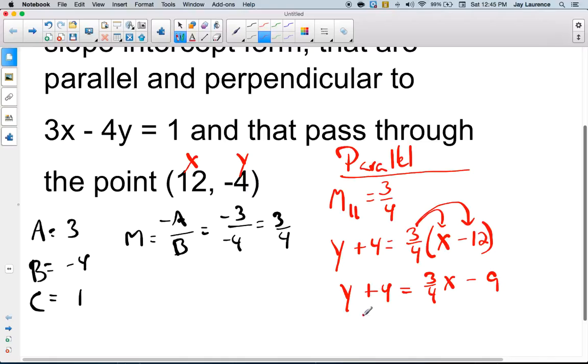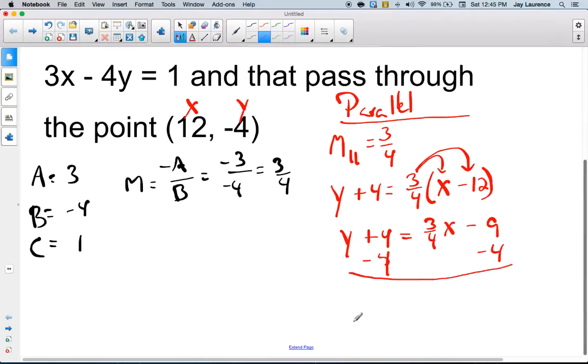All right, and I don't like this 4 here, so I'll subtract 4 from both sides. And when I do that, I will get y equal to 3/4 x minus 13. And there you go. This equation is parallel to the original equation, and it's written in slope-intercept form.